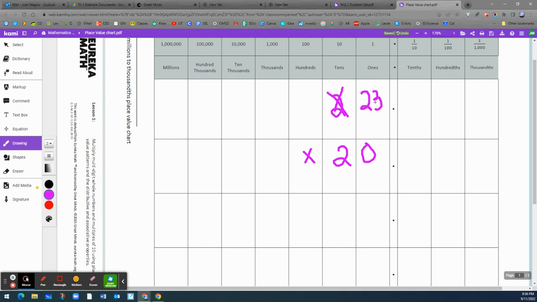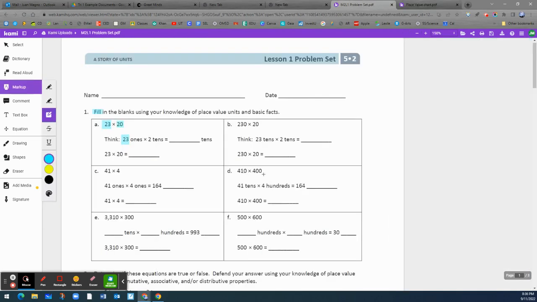But in this case, we're using the unit, so we can just write the two down and multiply. 2 times 3 equals 6, and 2 times 2 equals 4. And that will be the multiplication. How many tens do we have? We have 43 tens.